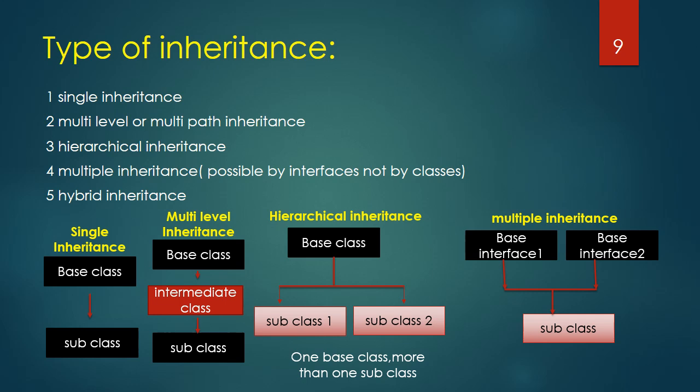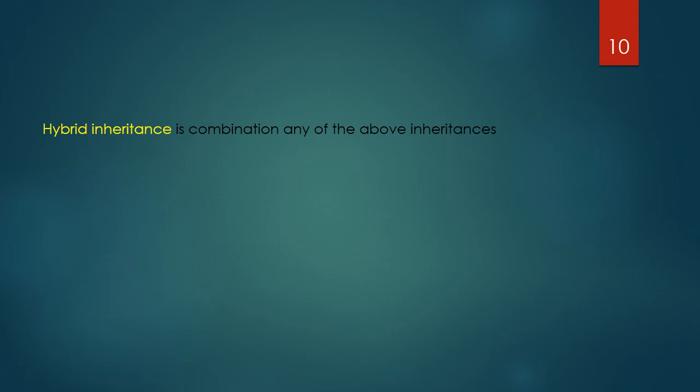Here it contains more than one base interface and one subclass. This is just a diagrammatical representation of the different inheritances, showing how many base classes and how many subclasses we have. And the last one, hybrid inheritance, is the combination of the above two or more types of inheritances.